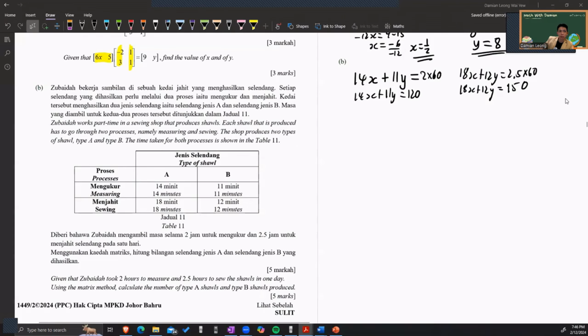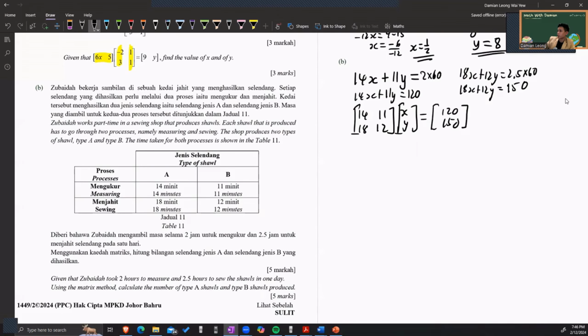This one, okay, we can actually simplify as well. Okay, you can leave it also, but I can also simplify. It doesn't matter too much lah. But let's say I just leave it lah, actually. 14, 11, 18, 12, put it in matrix form, times xy equals to the 120, 150.